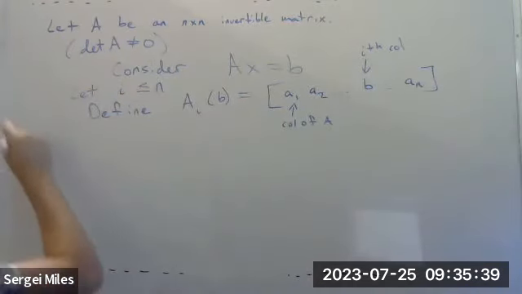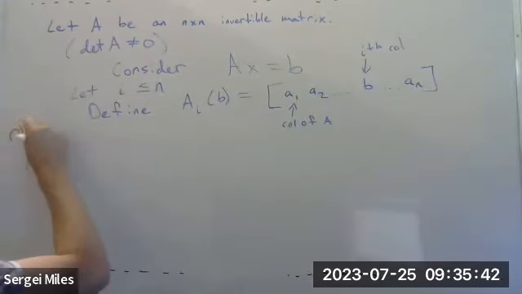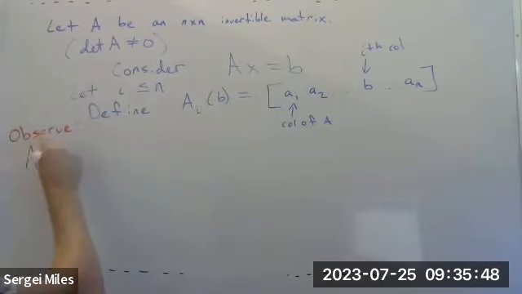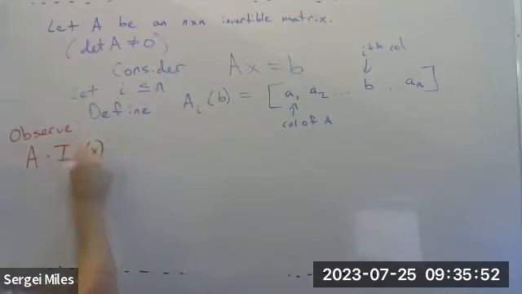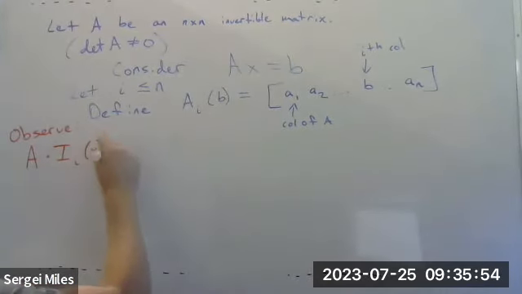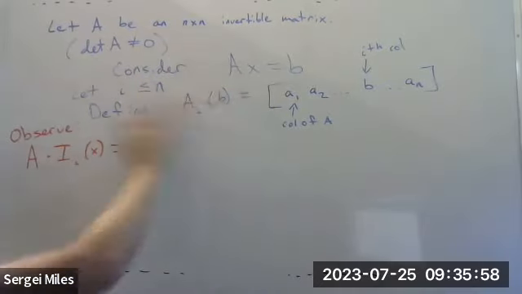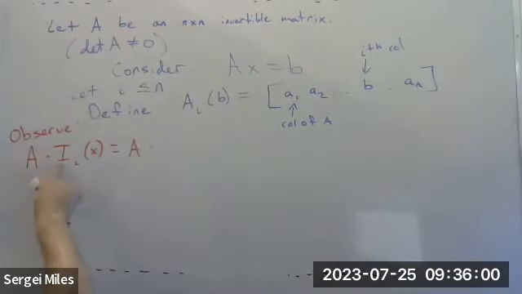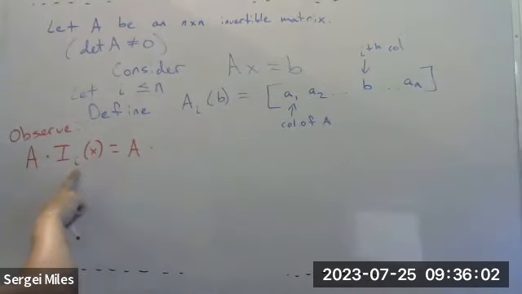So observe the following. If I have A times I sub i of X, what does this mean? Well, this is using the same notation we have up here. I'm taking the ith column of the identity matrix, and I'm going to replace it with the X vector.